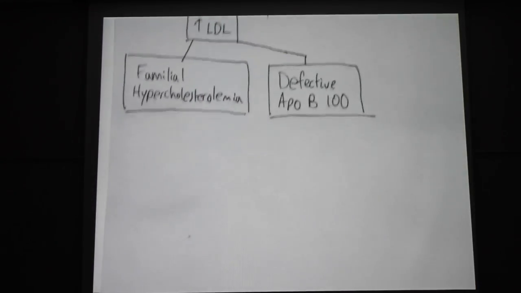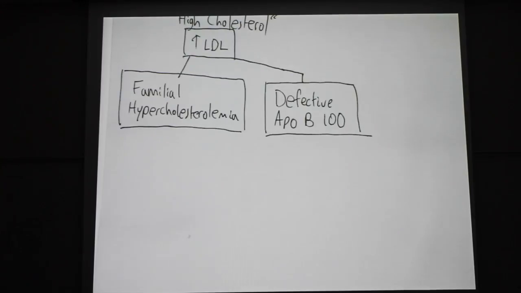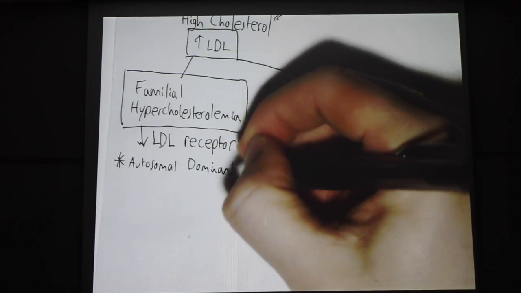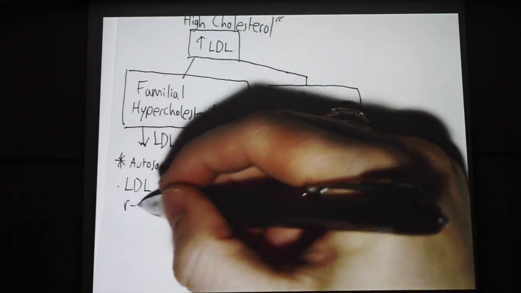In familial hypercholesterolemia, patients actually have a decreased production of their LDL receptor, so circulating LDL in the blood with normal ApoB100 has no receptor to bind to, so it's actually not able to get taken up out of blood, and therefore the LDL levels are going to build up, causing the pathology that we see in these patients.